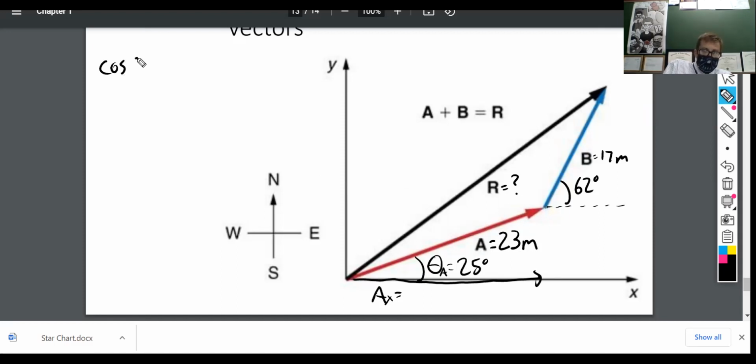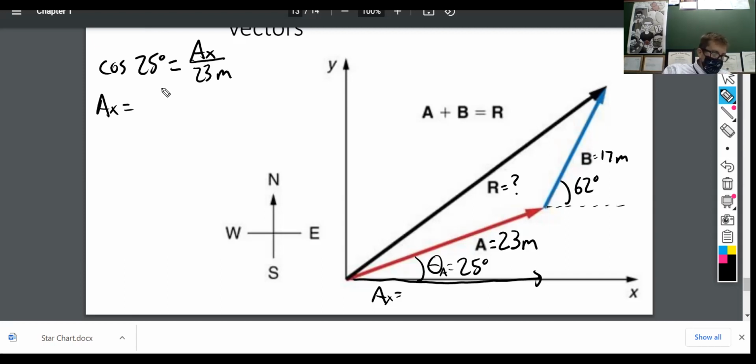The cosine of the angle is equal to the adjacent, the x component of this vector, over the hypotenuse, which I know is 23 meters. So I can readily solve that a vector that moves 23 meters, that's 25 degrees above horizontal, has how much of it going to the right?